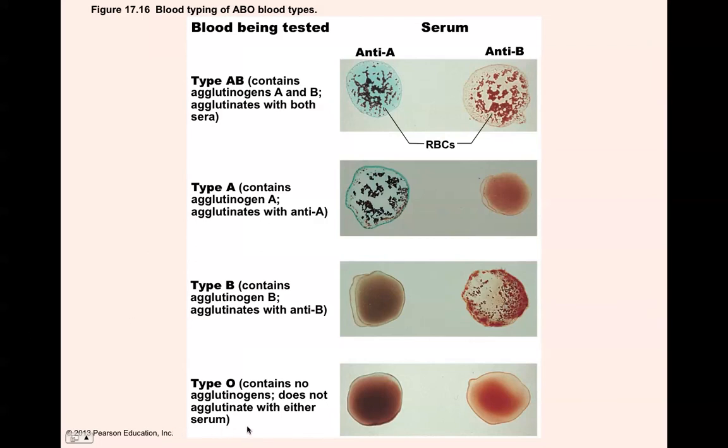If a person is type O, they have neither A nor B, so you put the anti-A sera on, nothing happens. You put the anti-B, nothing happens. So here is evidence of no clumping. You can see no clumping here. This is clumping, where you see little granular looking things. Clumping, clumping, and clumping.